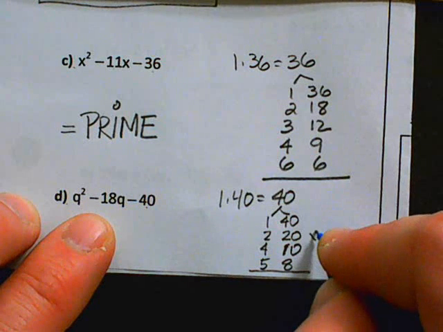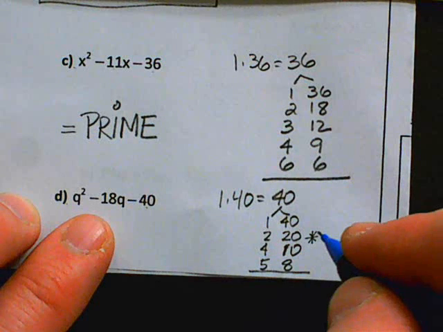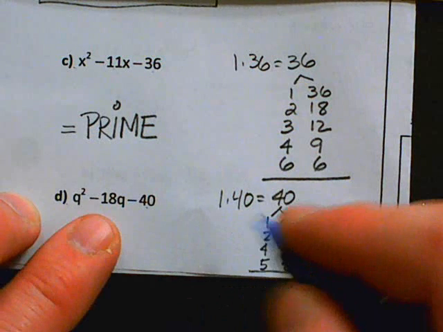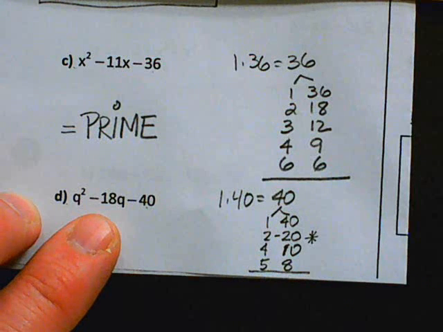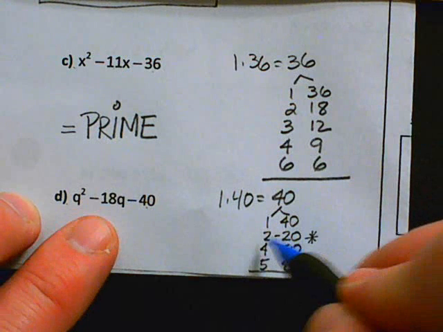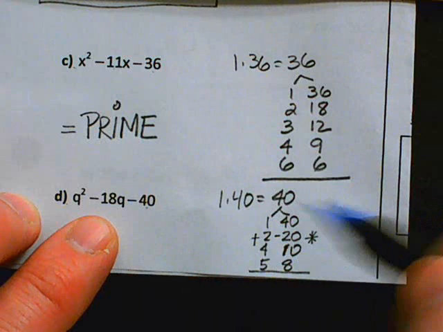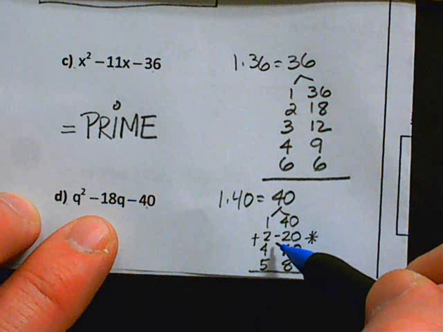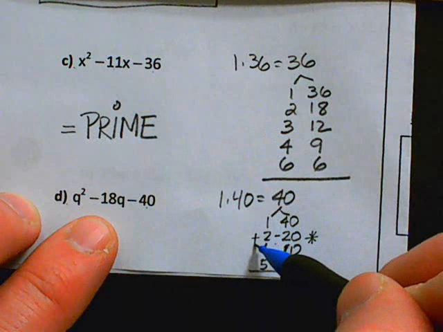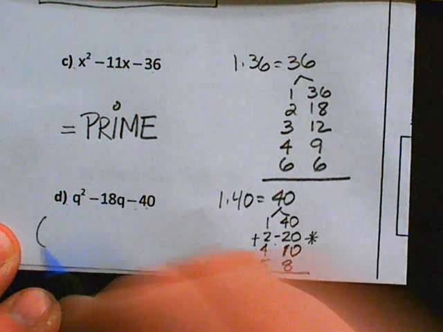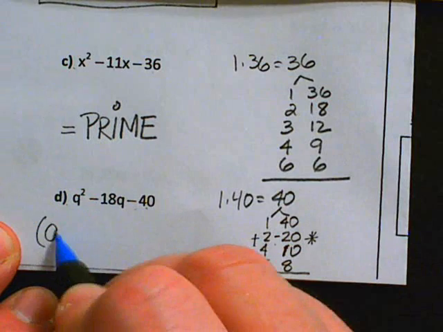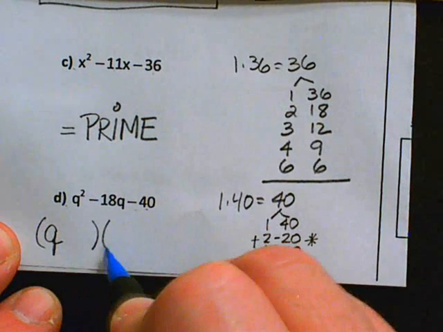Because 18 is negative here, the biggest will be negative. And to give me a negative 18, this will have to be a positive. Final check. A negative times a positive equals a negative, so that means this will work. This would be Q and Q, and we just copy these numbers right here.